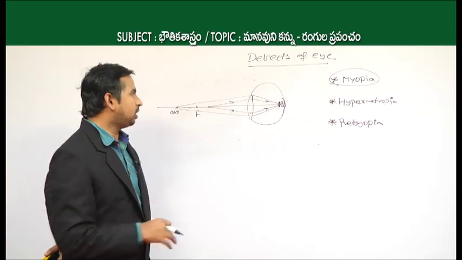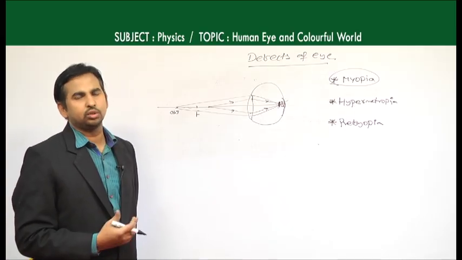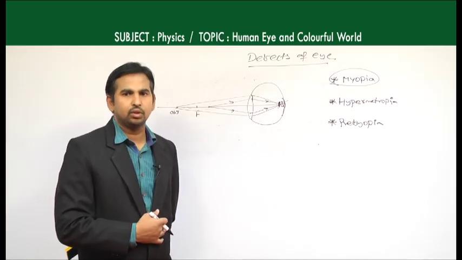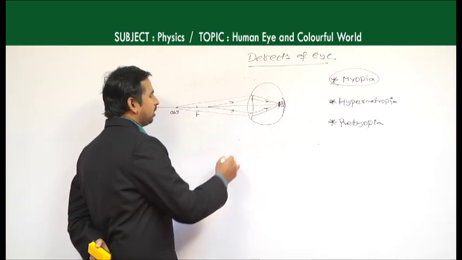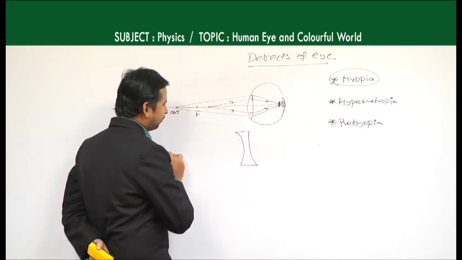Now, as this is the problem, we are going to keep a lens here before the eye. We are using a concave lens, because the concave lens has a special diverging nature.